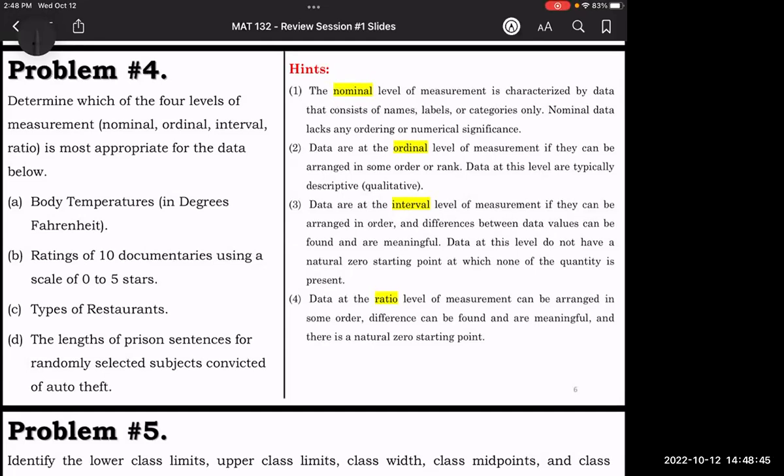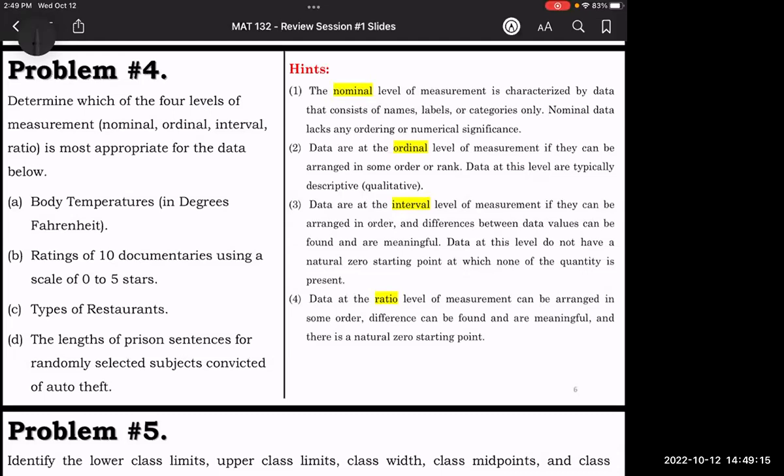Usually when this section is covered in our textbook, I don't know about the other instructors, but for me, I give the definitions, show some examples, and then we move on. But here I give you the hints, which are shown to the right. And we're just asking whether parts A through D are going to be nominal, ordinal, interval, or ratio.